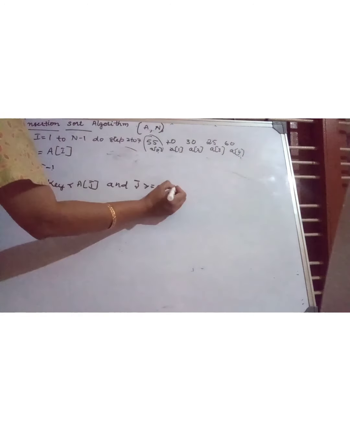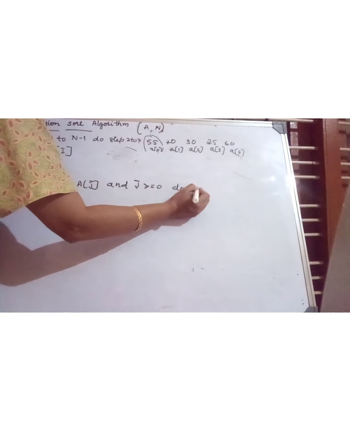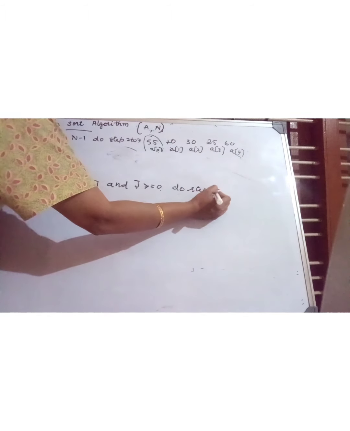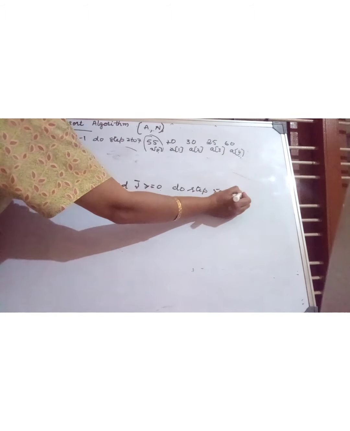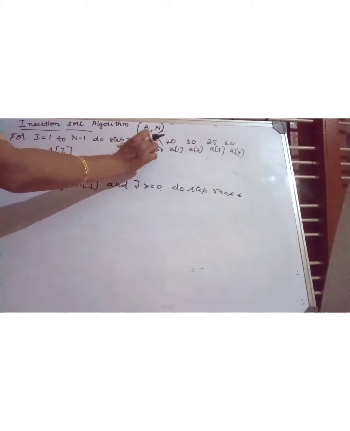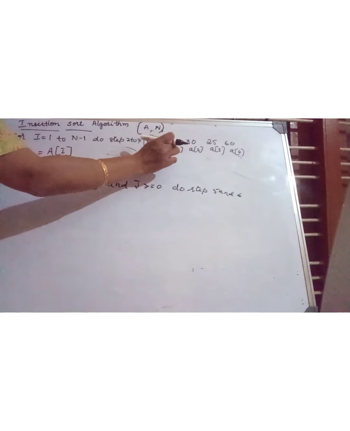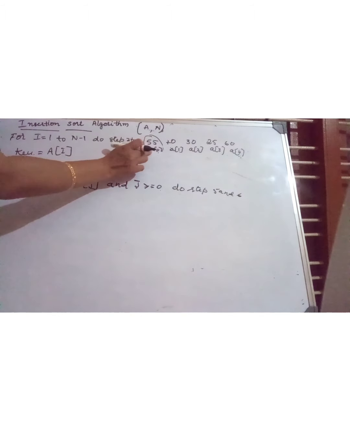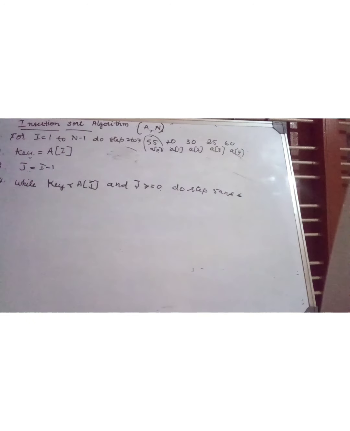Do steps 5 and 6. That means, as I told, how to interchange. If the key element is less than the next element, exchange. Like that we are going to exchange the elements.